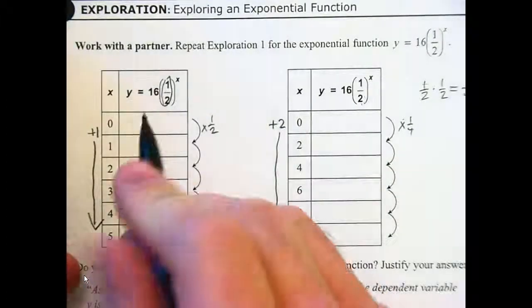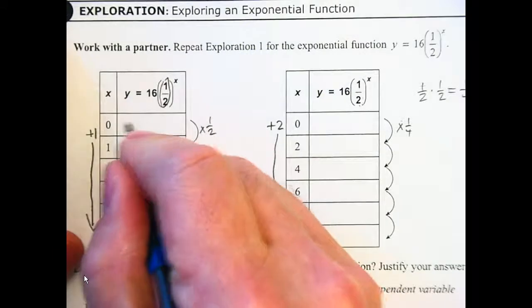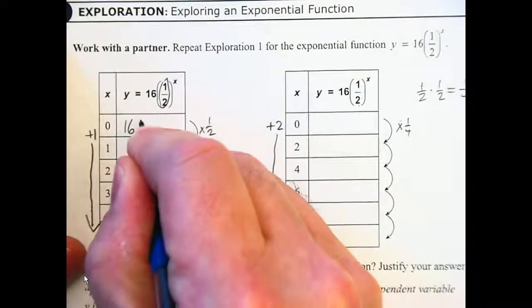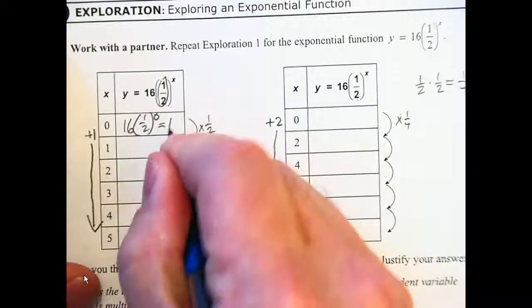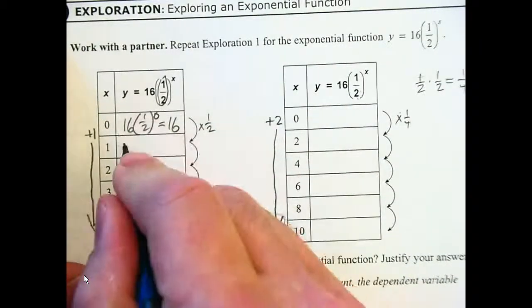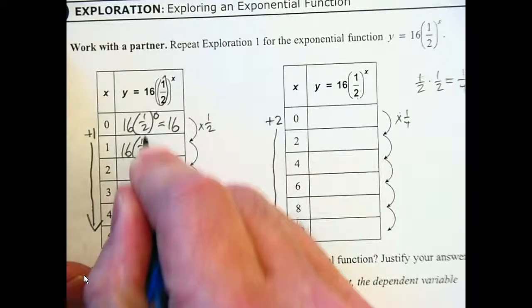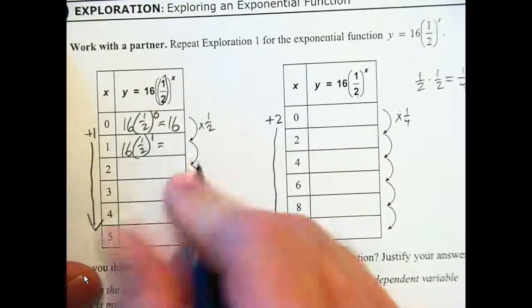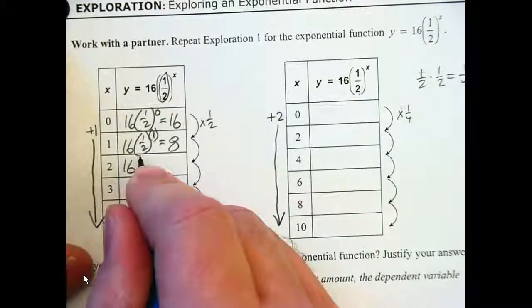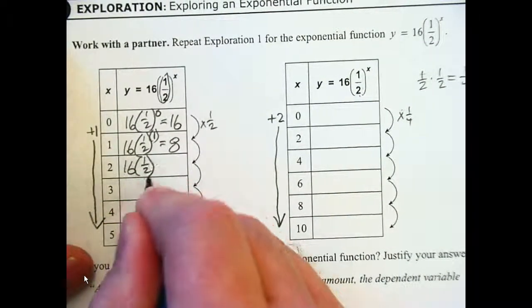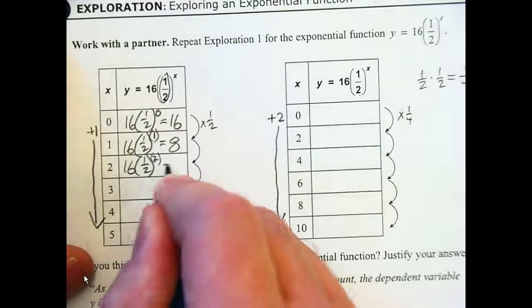Okay, so if we're evaluating this function for the given value of x, I have 16 times 1/2 to the 0 power. What do I get? 16. And then 16 times 1/2 to the first power is 8. Okay, we just multiply. Did anyone find any problems with their calculators as they were plugging this in? Any kind of issues they were having?